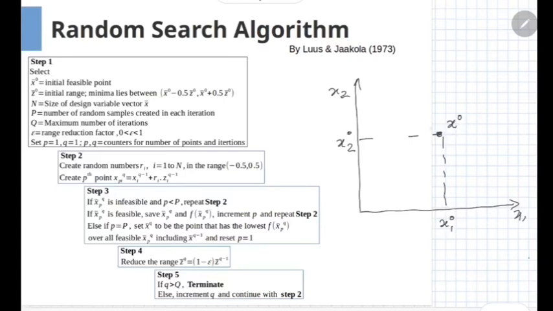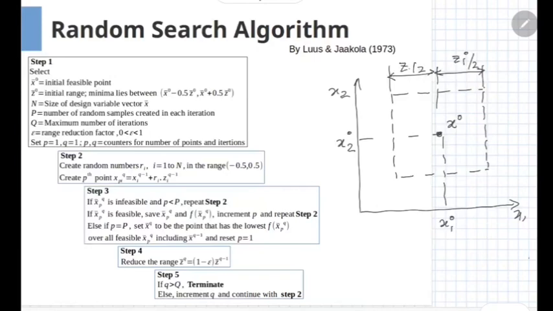The algorithm requires you to choose a range or the search space about this point. So we are going to define a search space in terms of a parameter z, which is equally distributed. So here we are having z01 by 2 on one side and z01 by 2 on the other side.